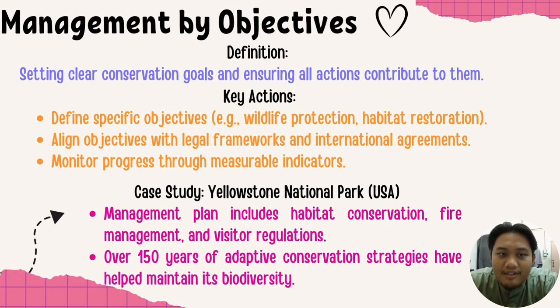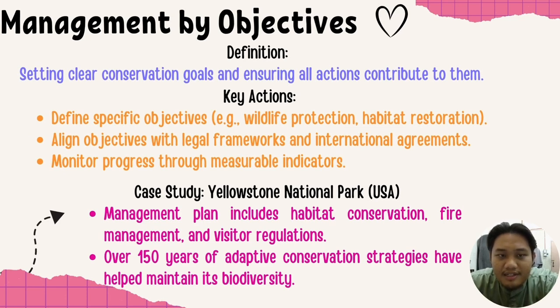Okay, now let's get into the key strategies for protected area management. One of the key strategies is management by objectives. This approach involves setting clear conservation goals and ensuring all actions contribute to them.